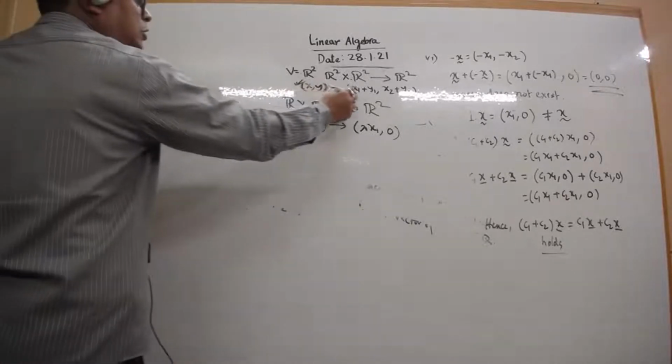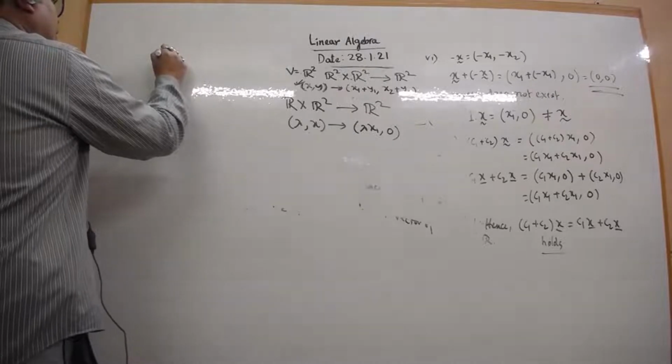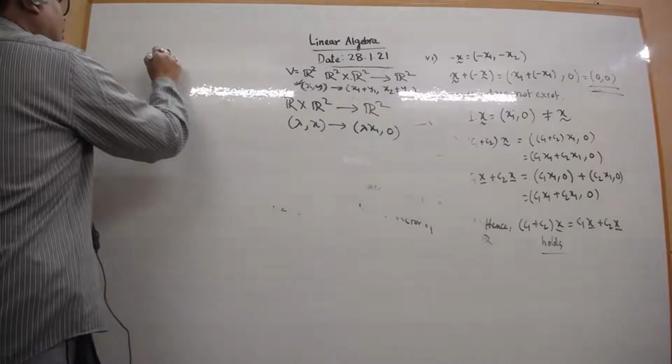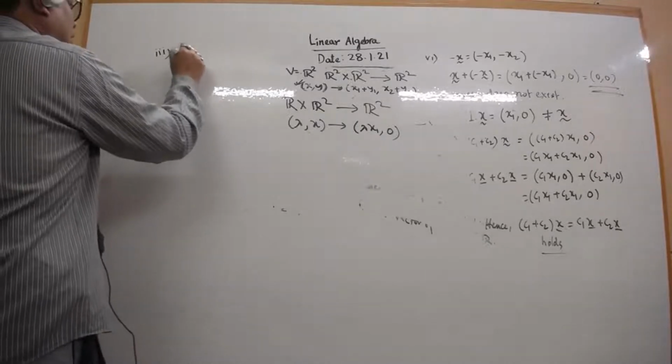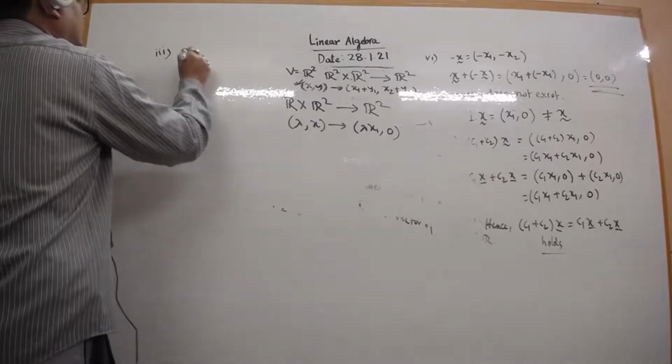And also the associative property holds. Even the property of the null element: suppose your null element is θ = 0 curl.